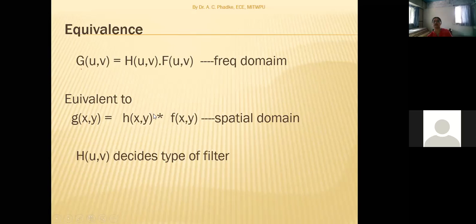Here this star represents the two-dimensional convolution operation, which we have already studied under the image enhancement unit. So this H(u,v) is our filter function, and H(u,v) decides the type of filter. So that's all for today.